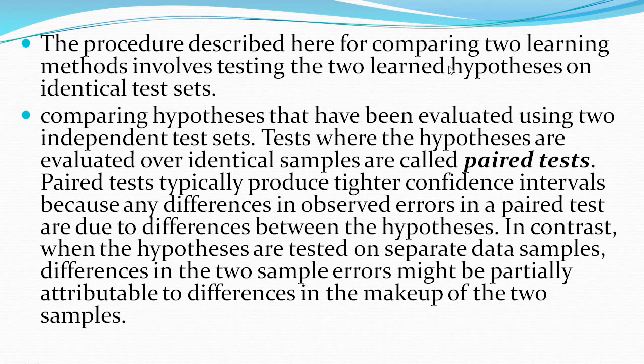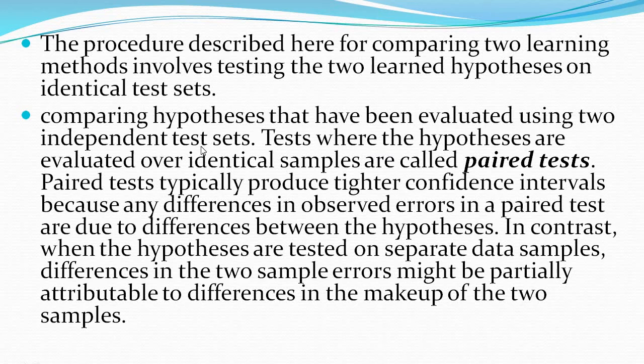The procedure described here for comparing two learning algorithms involves testing the two learned hypotheses on identical test sets. So here we are considering one more procedure: two learning methods, testing on the two learned hypotheses. Not only for a single hypothesis, we can go to two learned hypotheses. Comparing hypotheses that have been evaluated using two independent test sets.